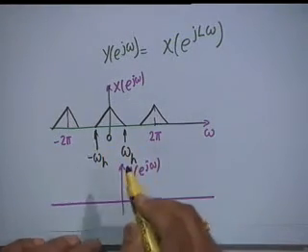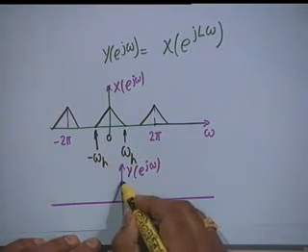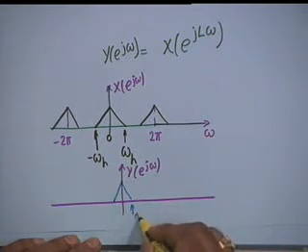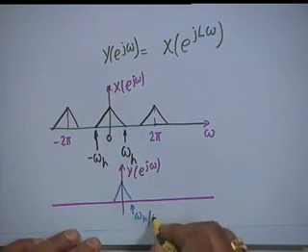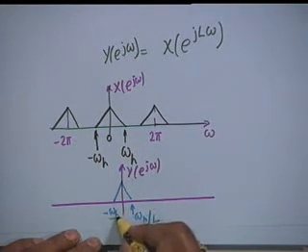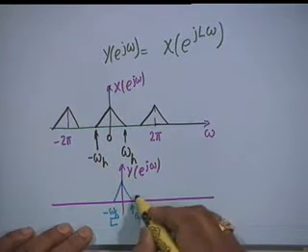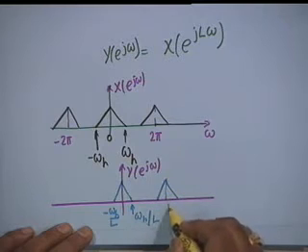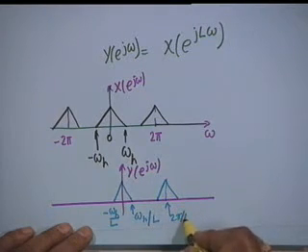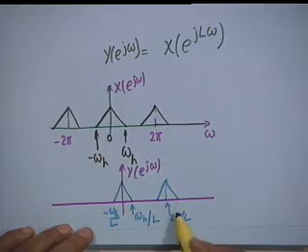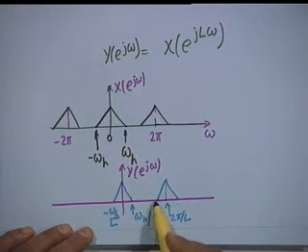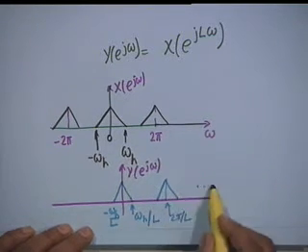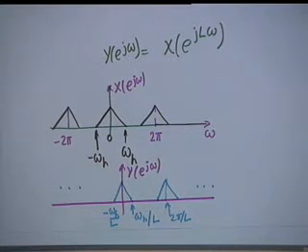You see, it would be the same shape, except that this will be omega h by L, and this will be minus omega h by L. The next one will occur at 2 pi by L, and 2 pi by L minus omega h by L, plus omega h by L, and so on. Is that clear? So, the spectrum is compressed.